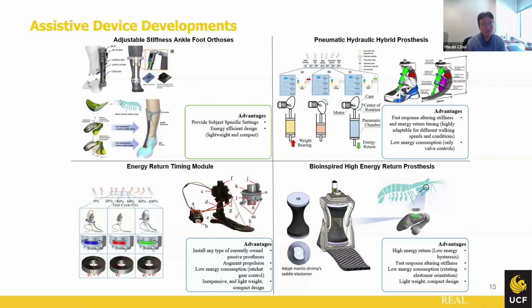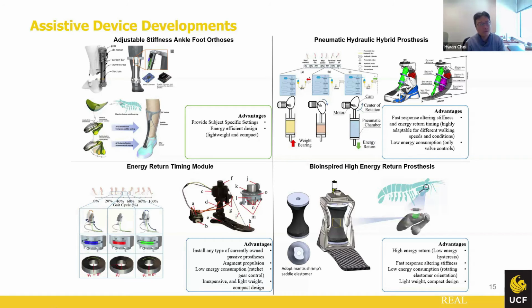So the benefit of this design is that it can fully utilize the passive elements. If you can see, this is a carbon fiber blade, and this is hooked up to the pneumatic cylinder. The oil in the cylinder is incompressible.